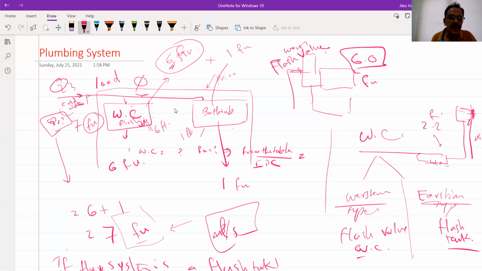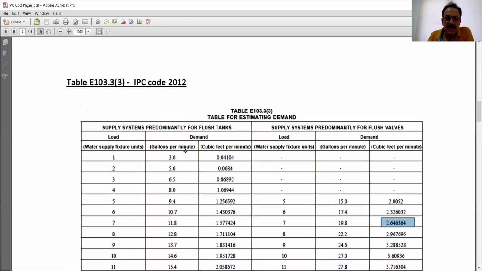Now, this is not a unit of flow, but we have a table that will tell you how much the total fixture units will be and how much the flow will be. This is the table, called load estimation, the demand.